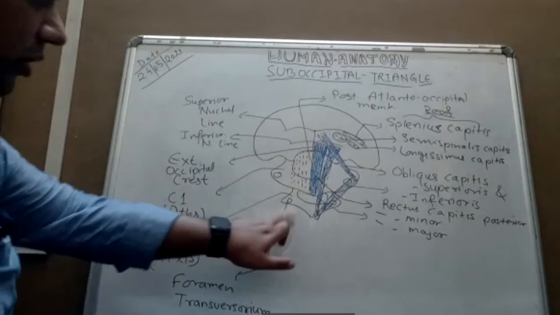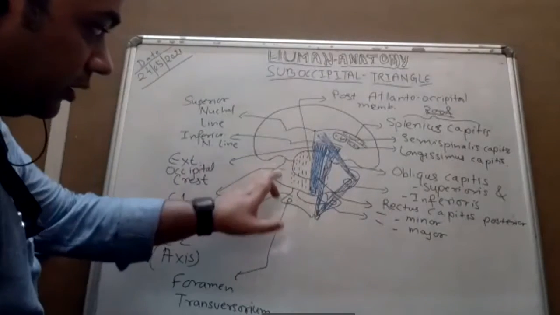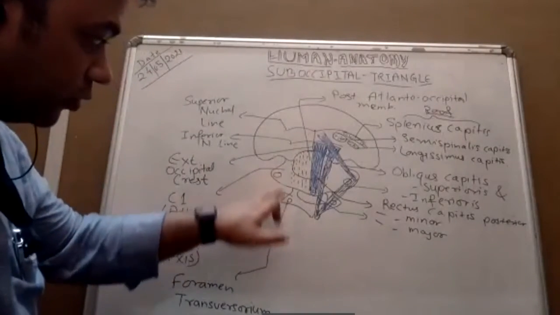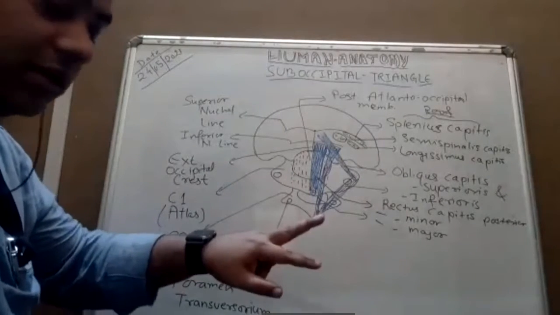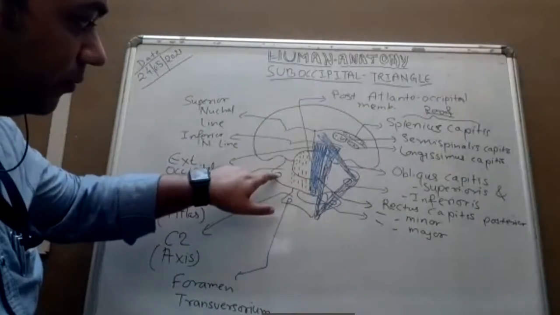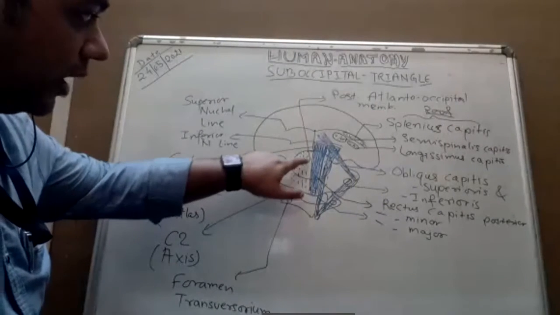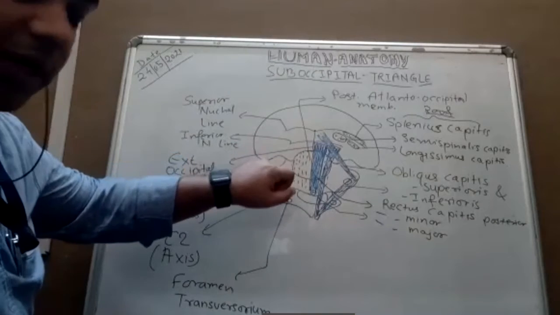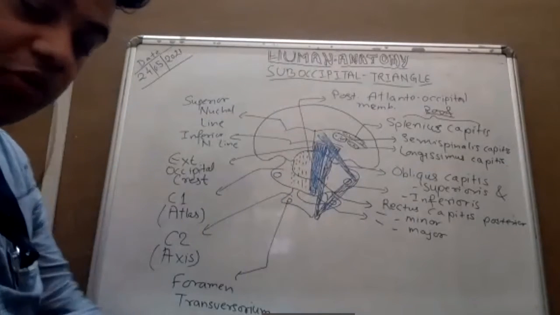So we'll see how the vertebral artery passes through C2 and C1. The part of the vertebral artery passing through the transverse foramen of all six cervical vertebrae is known as the second part. The third part runs from the first cervical vertebra up to the foramen magnum. And the fourth part is entering into the posterior cranial fossa.